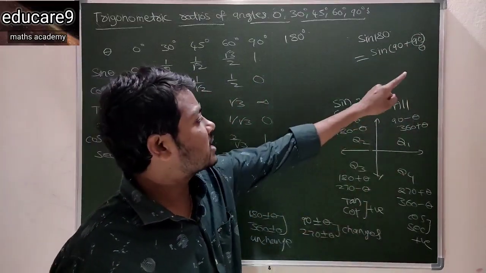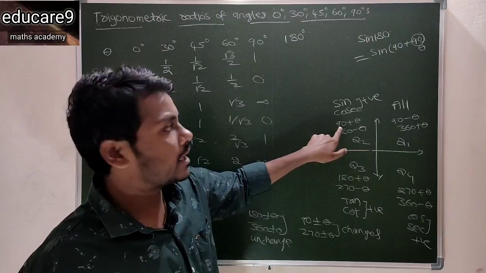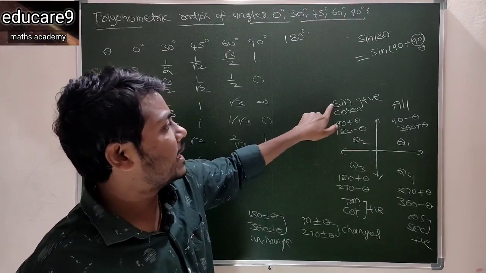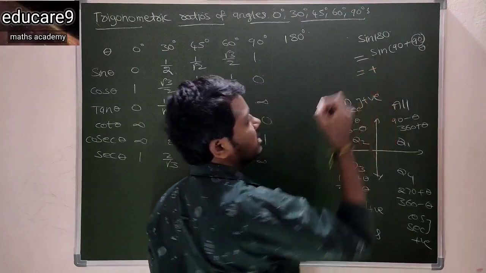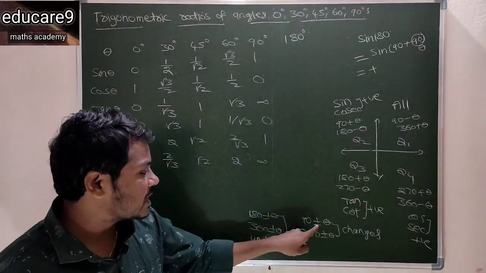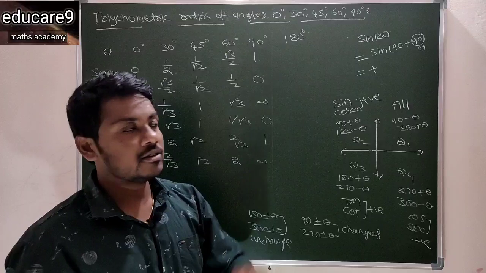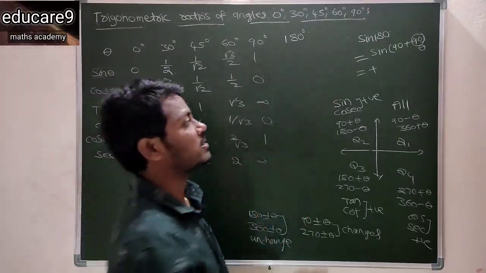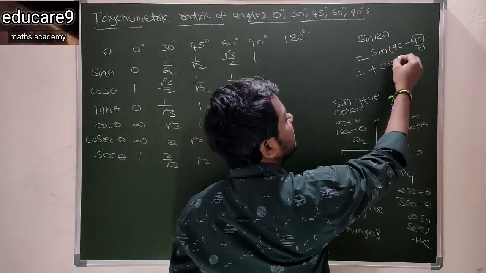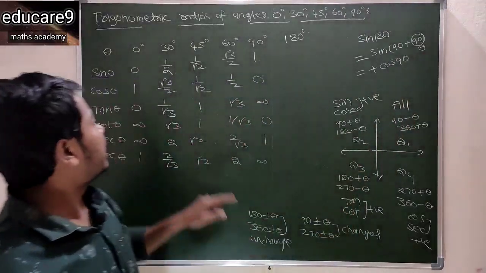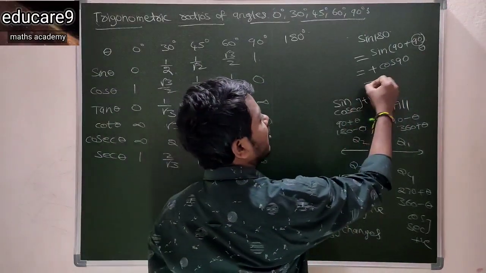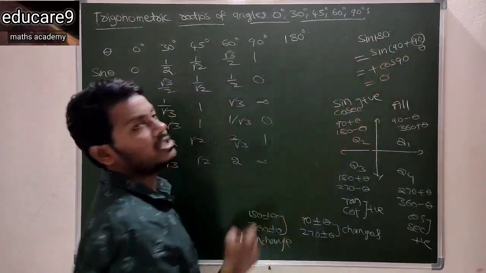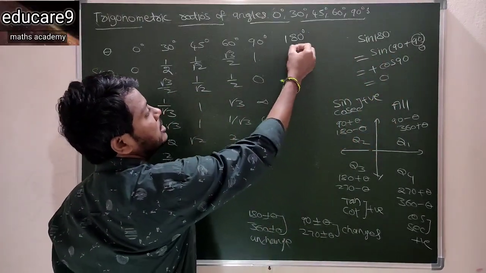So 90 plus theta lies in the second quadrant. In the second quadrant sin and cosec are positive, so clearly we will get a positive sign. And for 90 plus theta the ratio changes, so sin changes to cos, and you get cos 90. But what is the cos 90 value? Cos 90 is 0, therefore sin 180 value is 0.